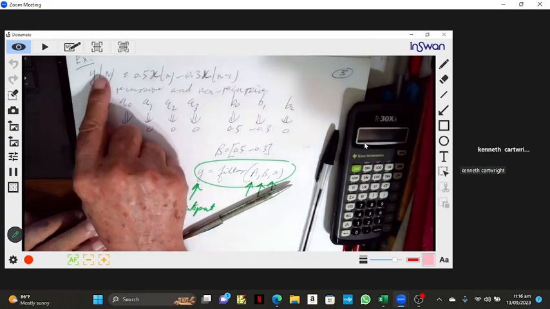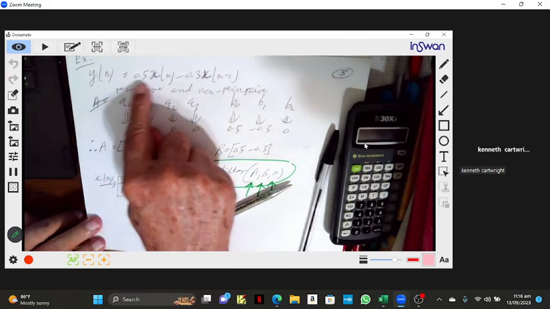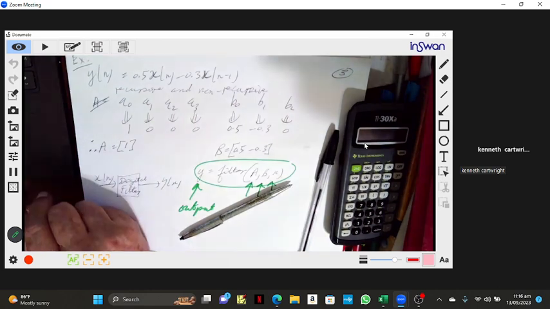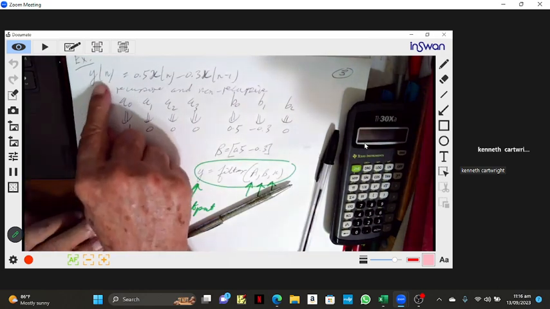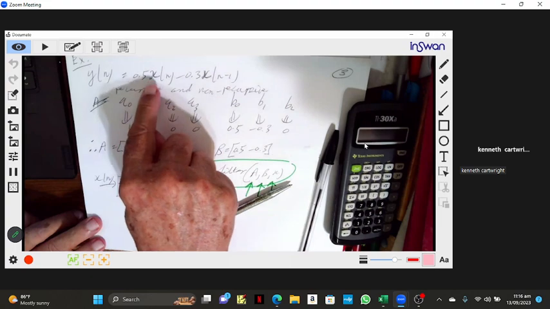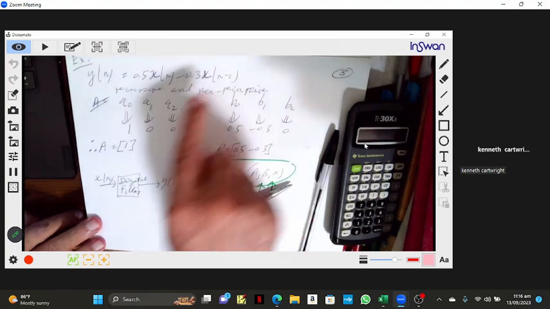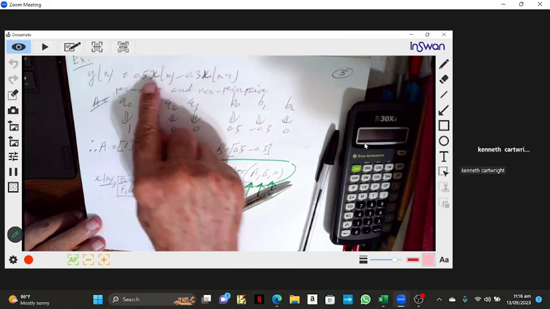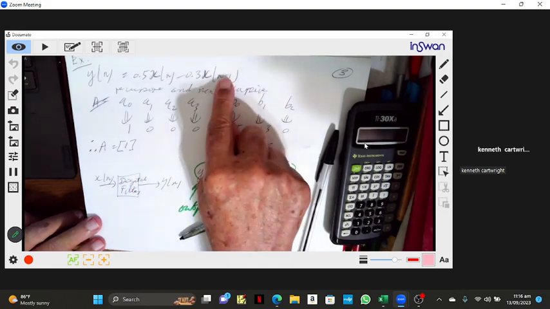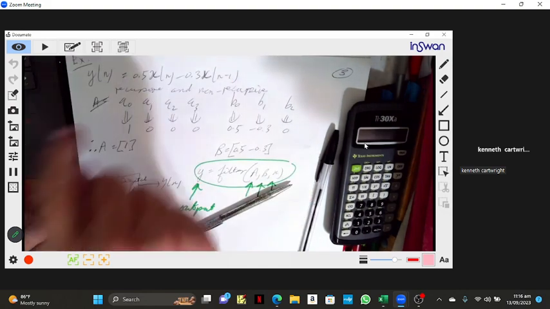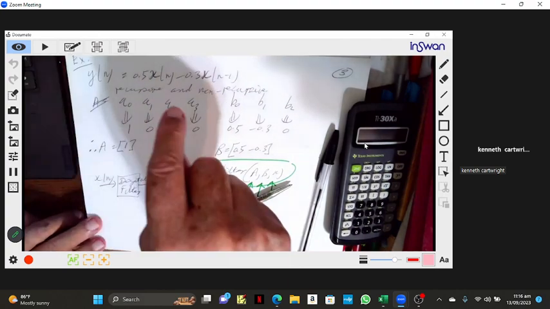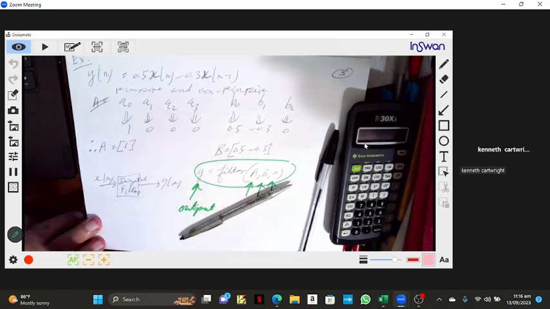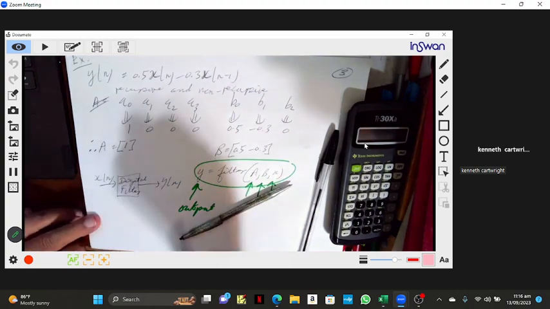The output does not depend upon a previous value of y. The output depends only on inputs. This is the present input. This is a previous input. If the filter only depends upon inputs and not outputs, then it's non-recursive.